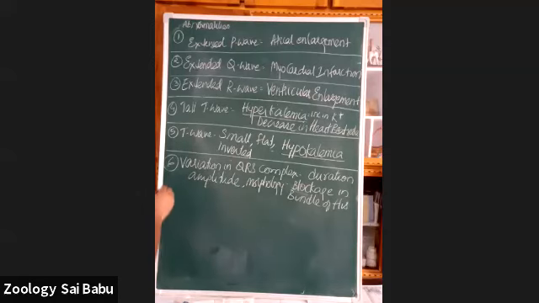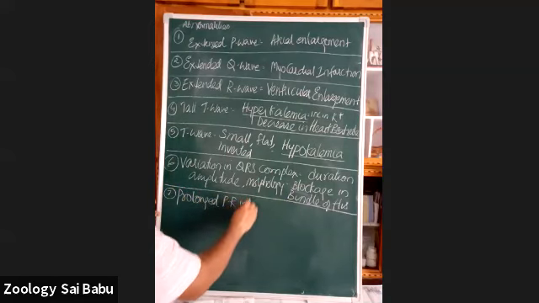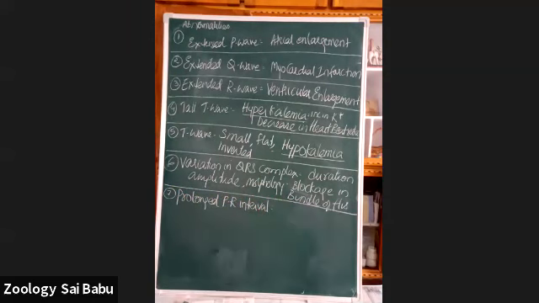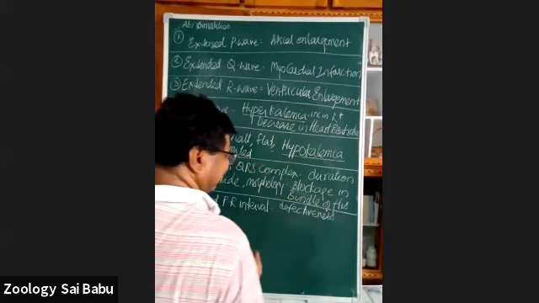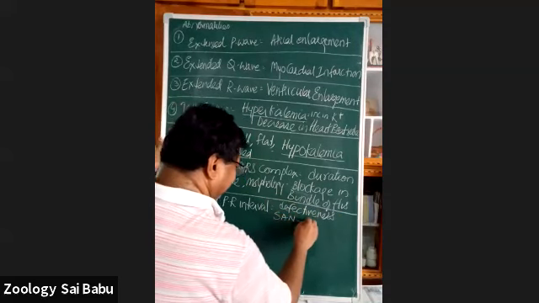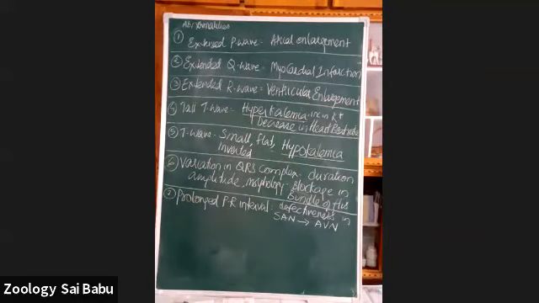A prolonged PR interval indicates that there is a defect in the transmission of the impulse from the SA node to the AV node.